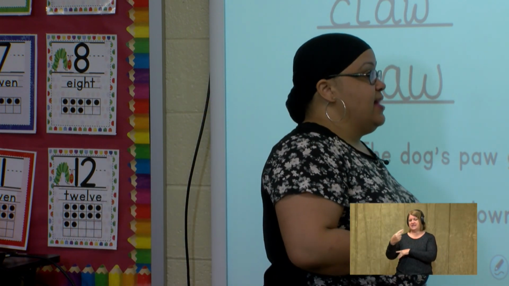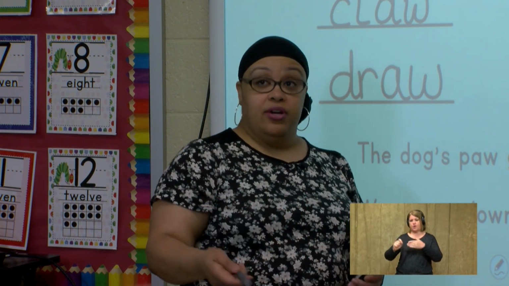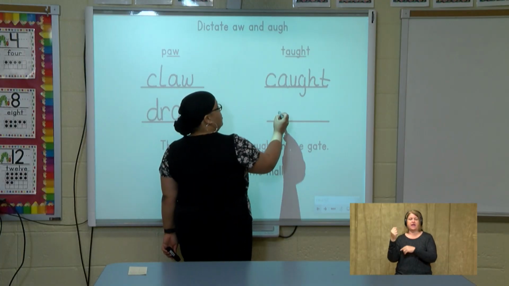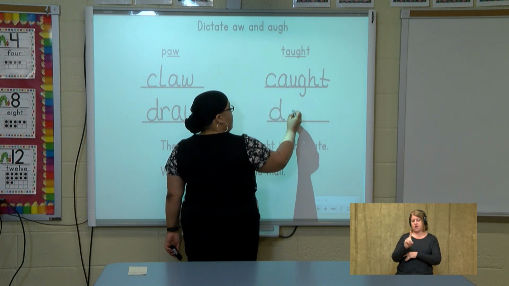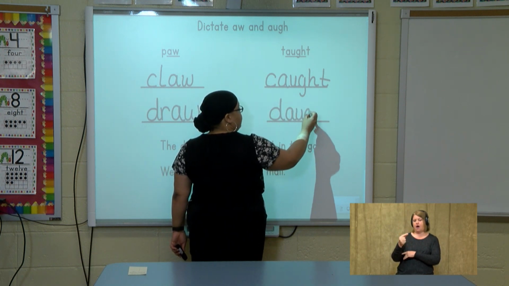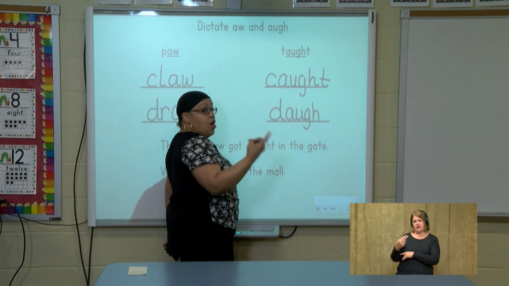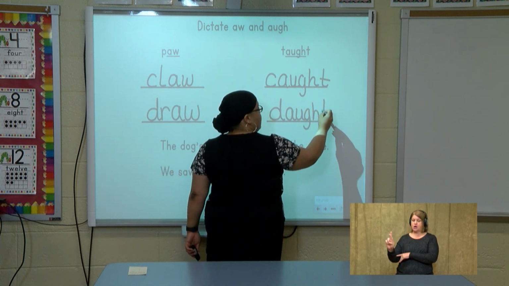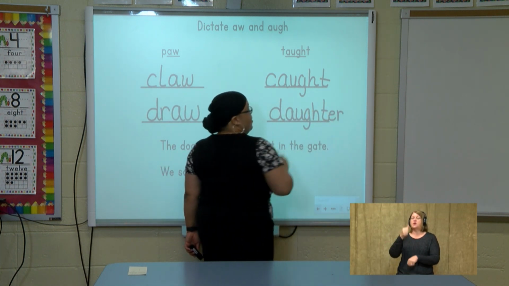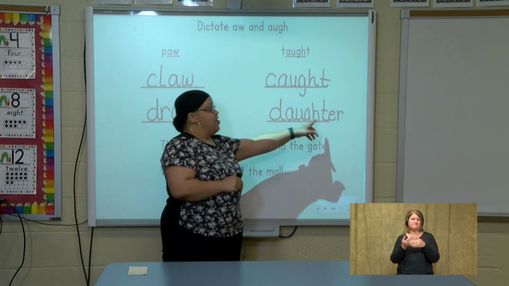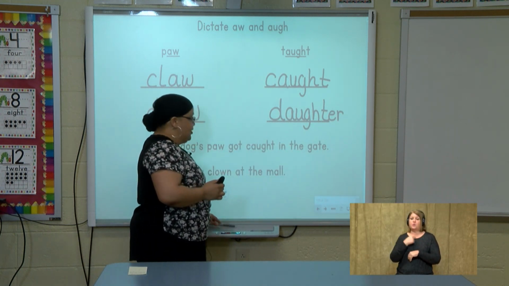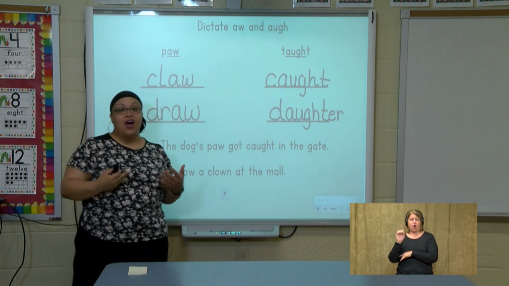A-U-G-H. Let's write the sounds we hear in daughter. Ready? Go. Da, ter. Er. And remember, from a couple of weeks ago, we did E-R for the er sound. Good job writing words with the ah sound.